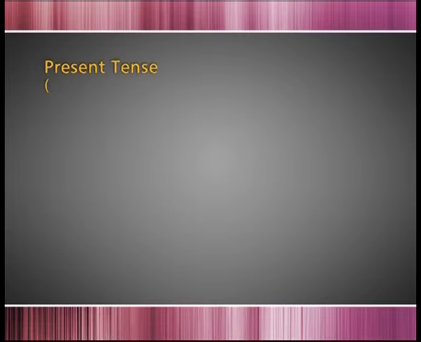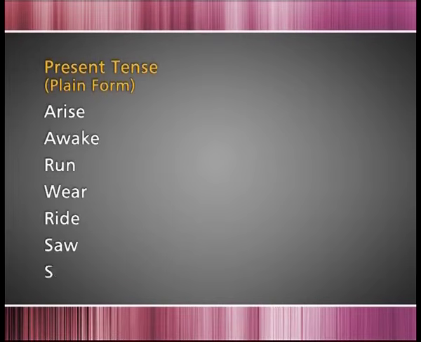A large number of verbs form their past tense and past participle form in other ways. Such verbs are called irregular verbs. There are no particular rules to guide the learner in finding these forms. These forms can be learned by familiarity. Here are some examples. Present tense, plain form: arise, awake, run, wear, ride, saw, set.